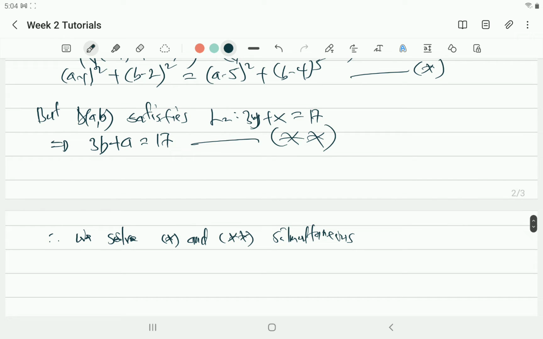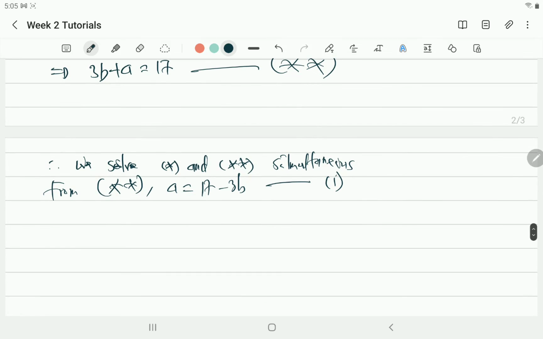So to do that, I want to solve it with the substitution method. From equation star star, we would have a equal to 17 minus 3b, right? Let me call this equation 1. So I'm going to put equation 1 into equation star.